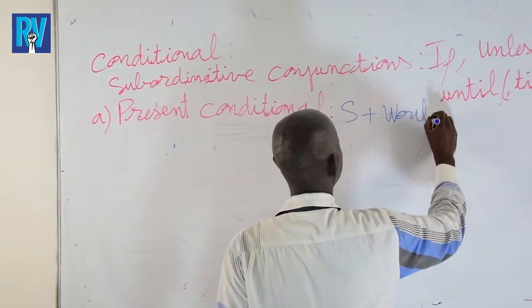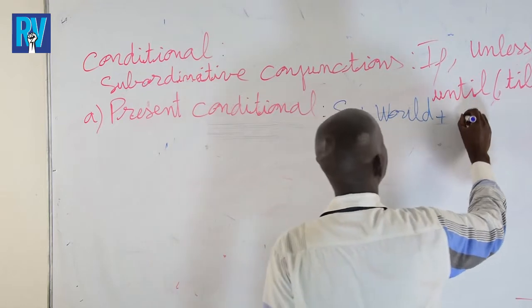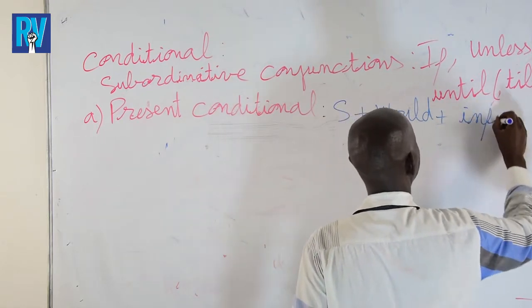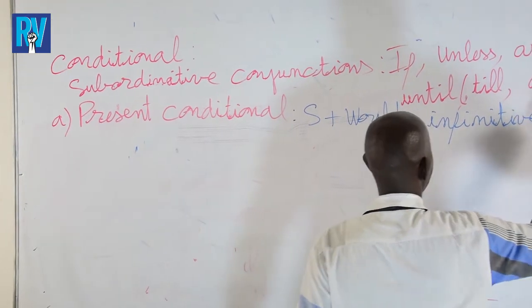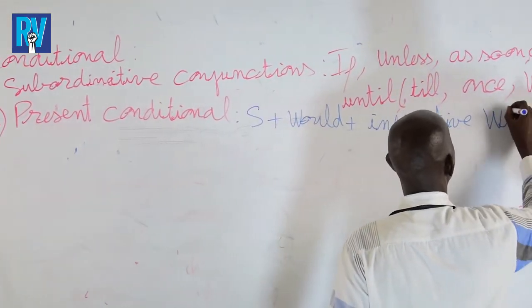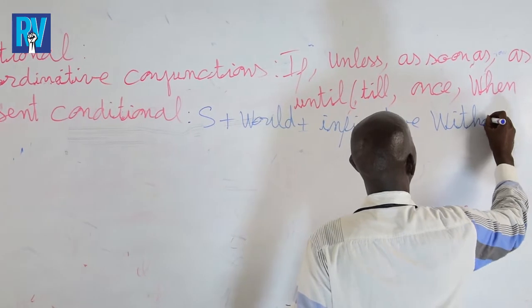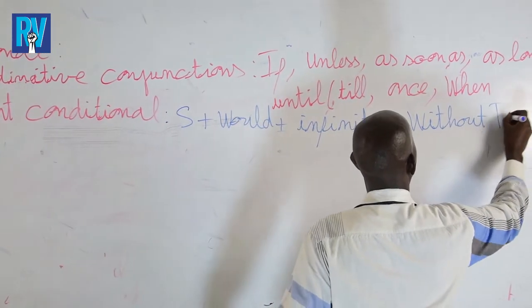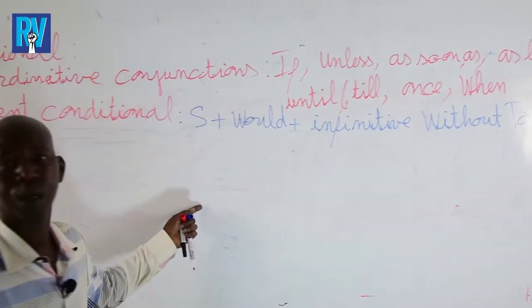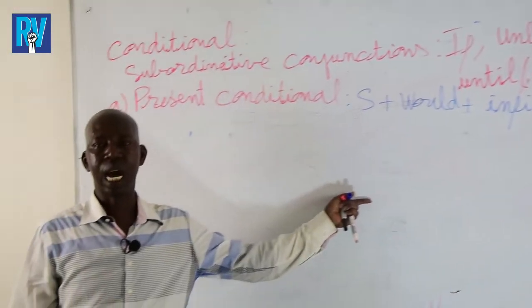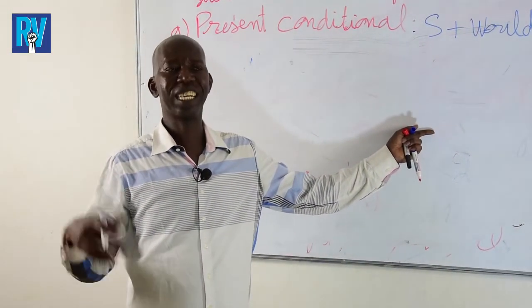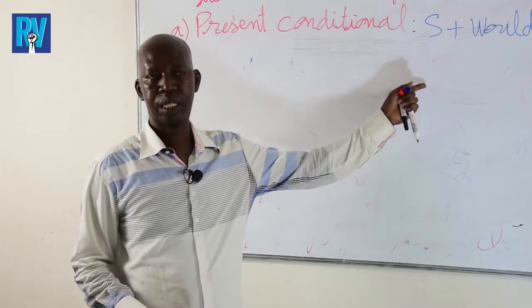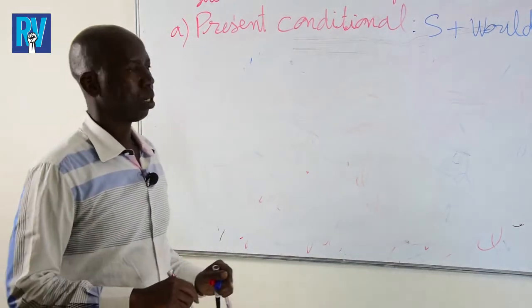Would plus infinitive without to. Infinitive sans to. So this is the present conditional. The verb to take: I would take, you would take, he, she, it would take. We would take, you would take, they would take. Okay, this is how to form the present conditional.